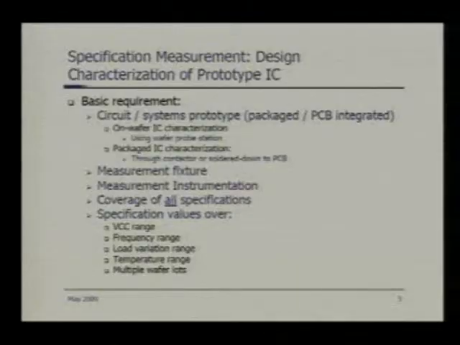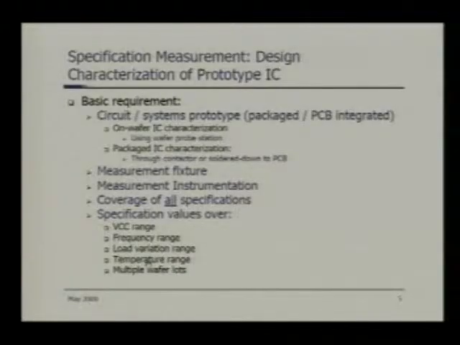So you have to measure the gain specification for the load variation as well. Okay. Similarly, if the amplifier is specified for say minus 40 degree to 85 degree centigrade, which is the industrial grade temperature range, you have to measure the gain specification for all the VCC, all the frequency range, as well as all the temperature, like minus 40 to 85.